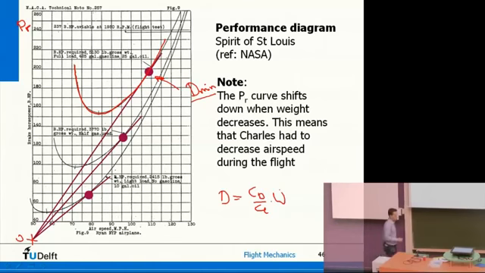How that exactly works, I'll tell you later. But this is basically the curve for a lower weight, which means that minimum drag condition is actually at a little bit lower speed. So even though he was already flying for 30 hours, he had to decrease speed, and by the end he managed to reach the final destination, and he won the prize, and the rest of the story you know.